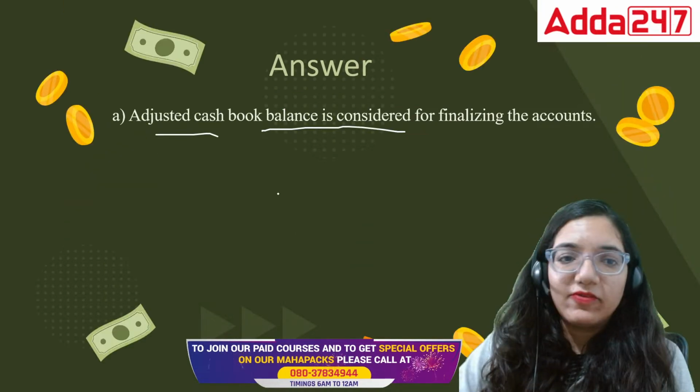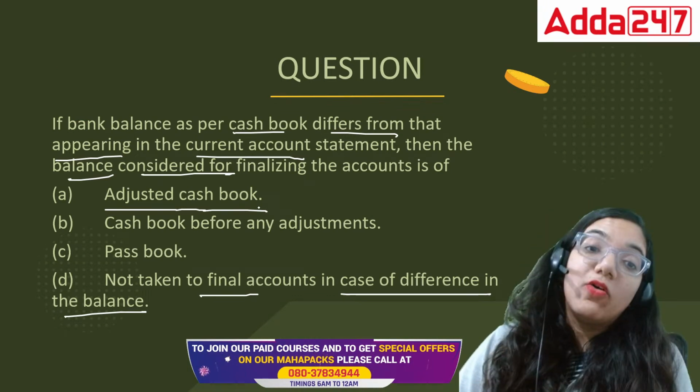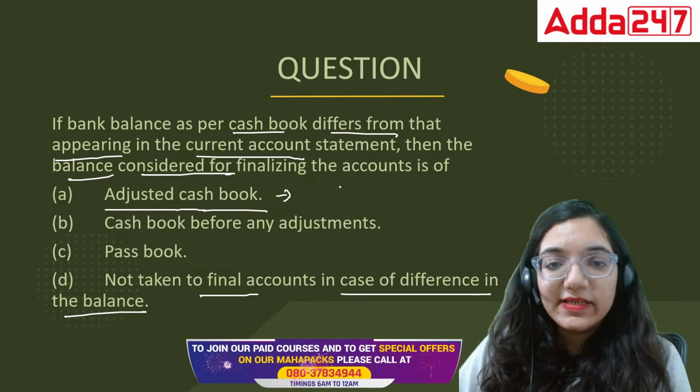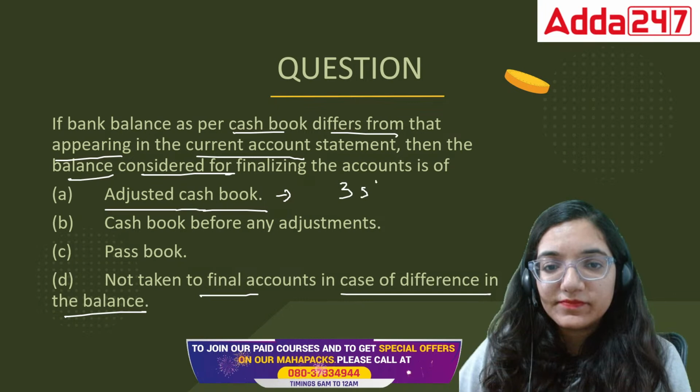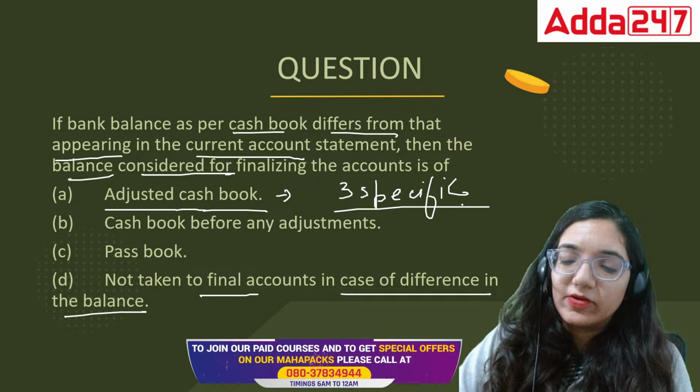We are going to find out the cash book adjustments. The adjusted cash book will include all the things except three specific ones.